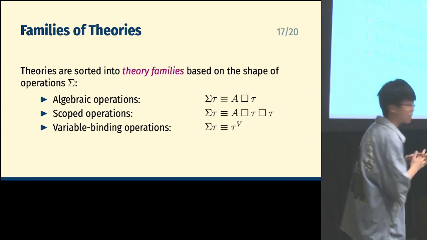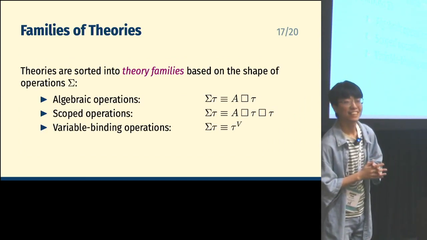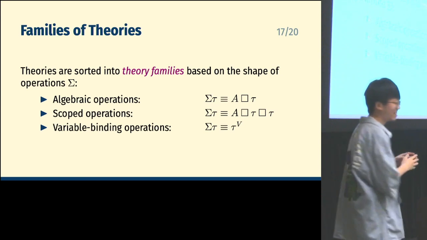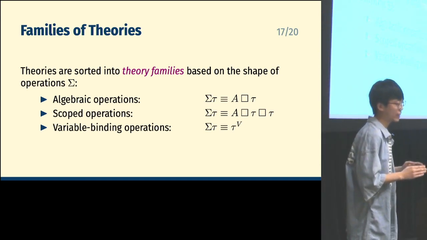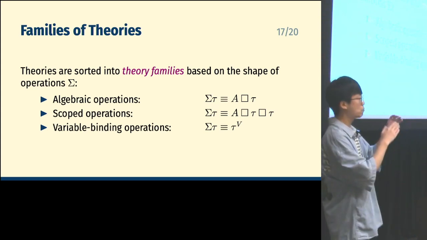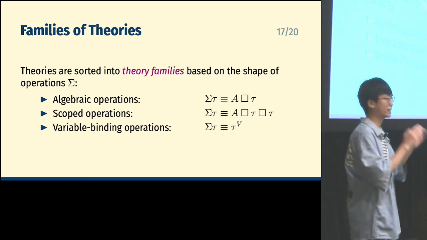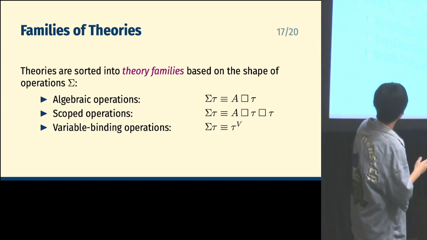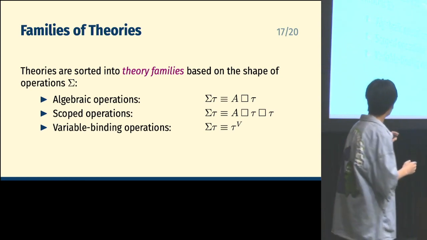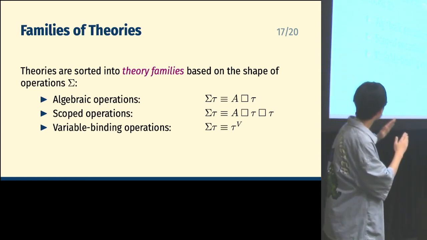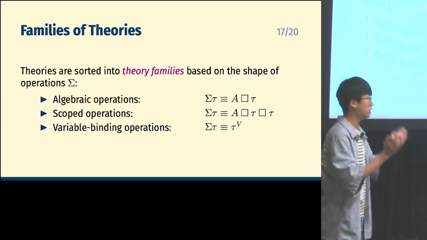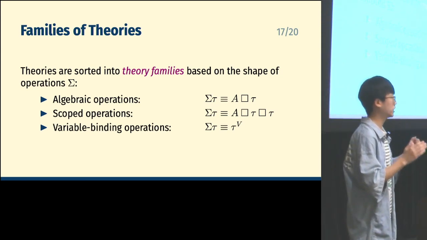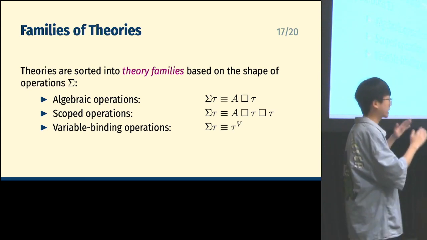And there are also a few theoretically interesting things that we can say. First of all, we can organize all the theories of monoids with operations into some subcategories, which I call theory families. So first of all, we have the theory family of algebraic operations, which includes all the theories of operations whose signature has the shape A box tau.